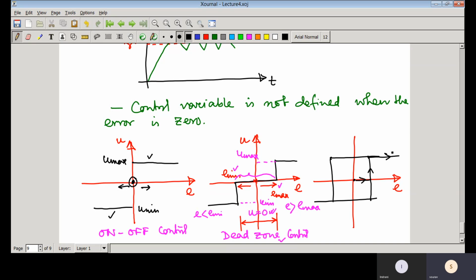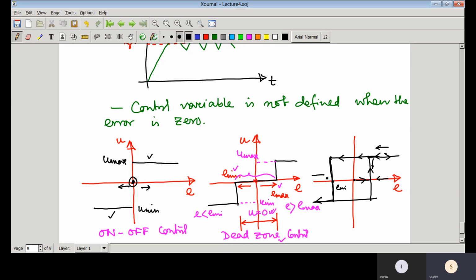But whenever error is decreasing, it follows this path. Instead of jumping here, it follows this path, and then whenever error equals E min here, it jumps from this point to that point.